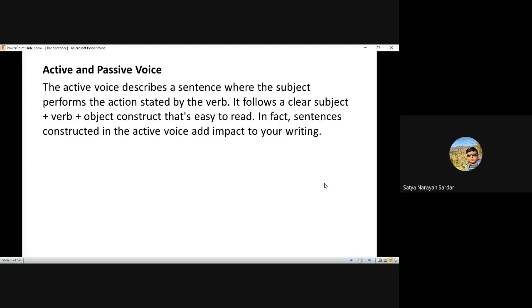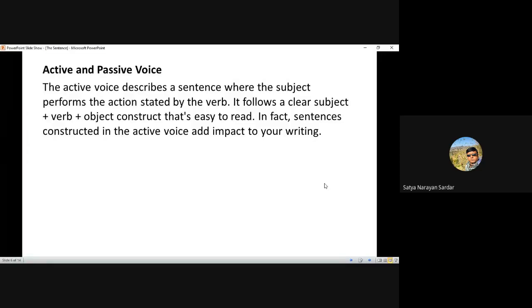The active voice describes a sentence where the subject performs the action stated by the verb. It follows a clear subject plus verb plus object construct. That's easy to read. In fact, sentences constructed in the active voice add impact to your writing.